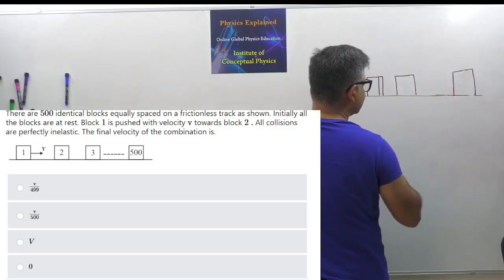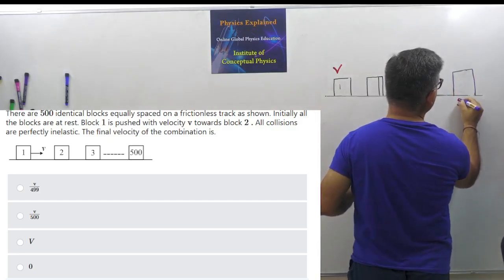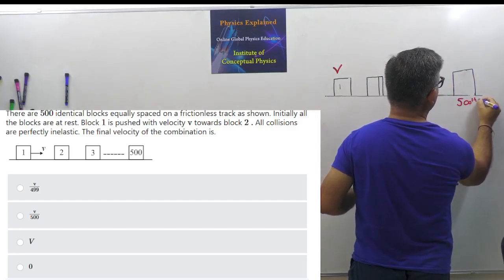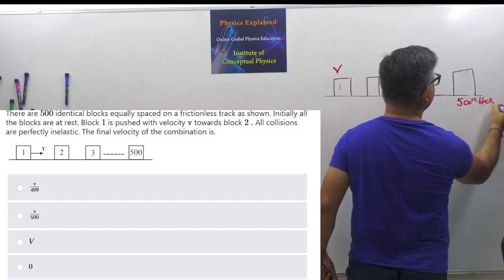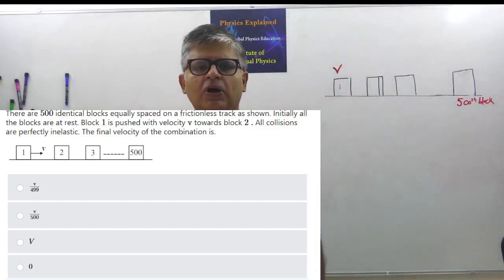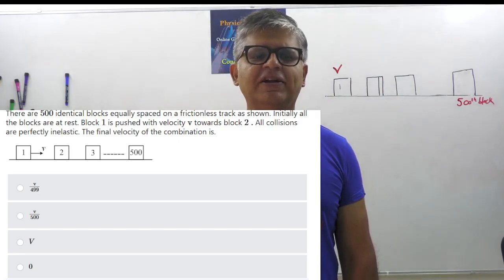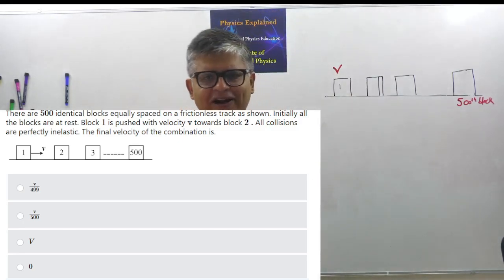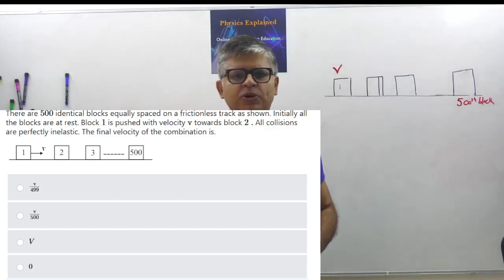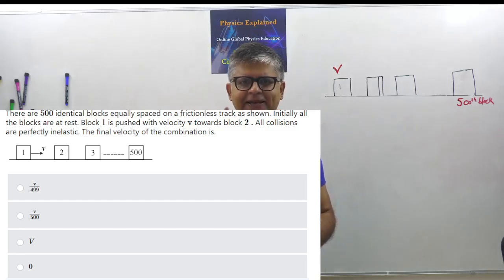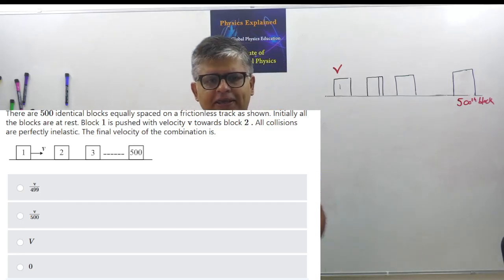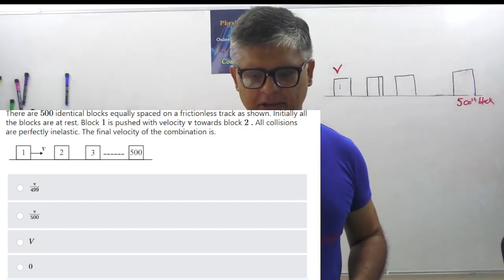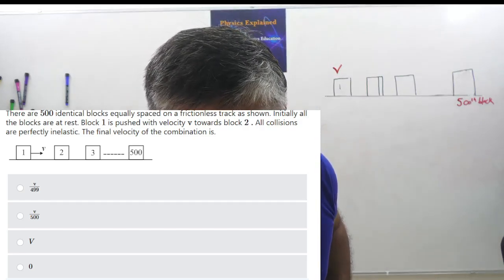This keeps on happening till the 500th block. You have to find the velocity of the 500th block. Let's discuss how we will do that. I hope you have read the question and understand the situation. Completely inelastic collision is your keyword here. Don't ignore that.